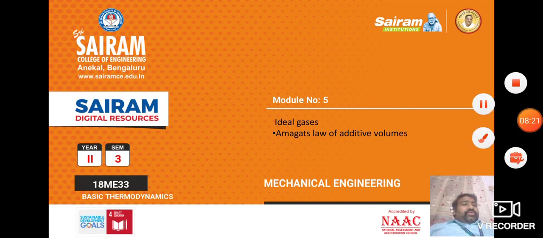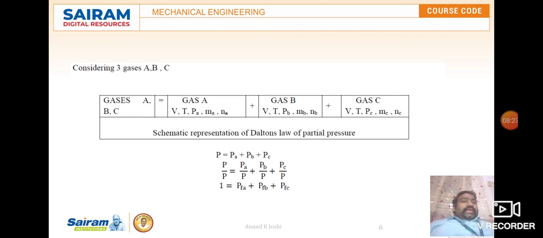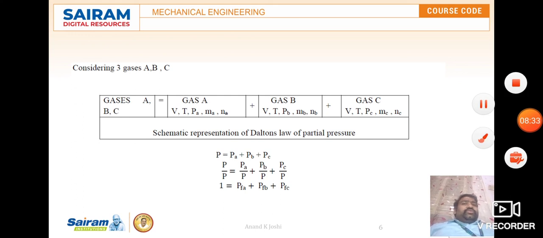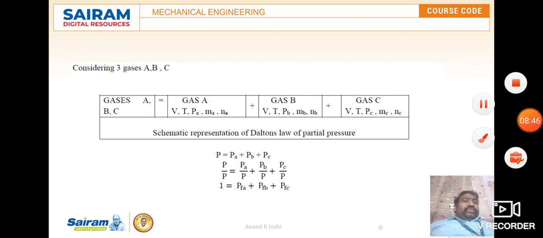I hope you understood the concept of ideal gas and Dalton's law of partial pressure. Once you understand the concept, you will be able to know how the basic equation is derived and how to calculate various parameters like pressure, volume and temperature.